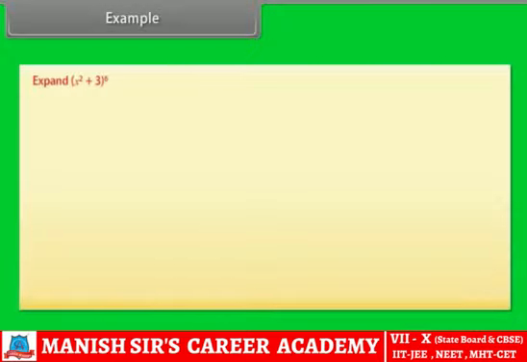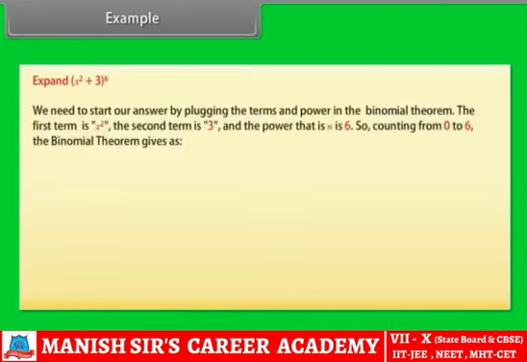Example: expand (x² + 3)^6. We need to start our answer by plugging the terms and power into the binomial theorem. The first term is x², the second term is 3, and the power n is 6.